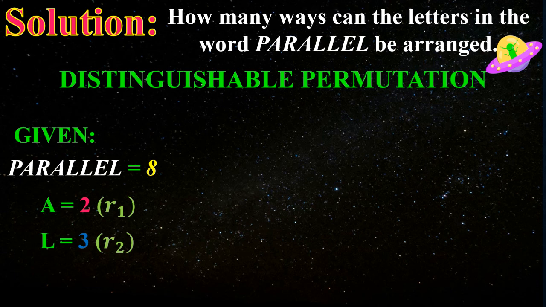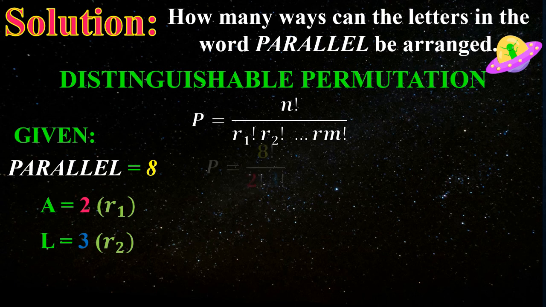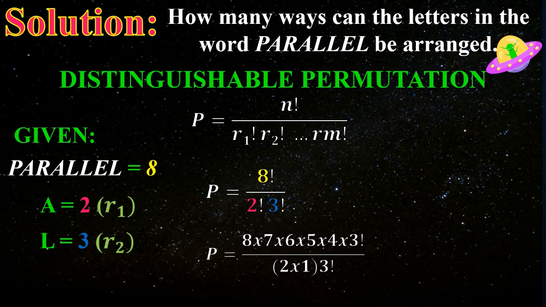And there are 3 letter L's, and that will be our r sub 2. The formula for distinguishable permutation is n factorial divided by r sub 1 factorial times r sub 2 factorial times r sub m factorial. Now replace n with 8, r sub 1 with 2, and r sub 2 with 3.